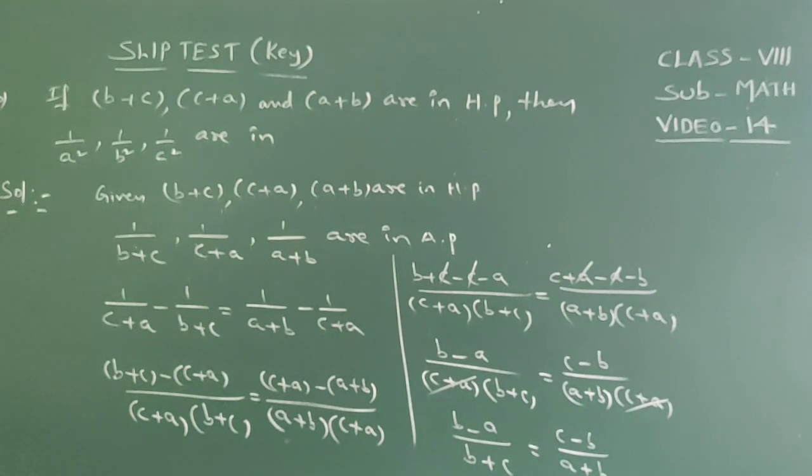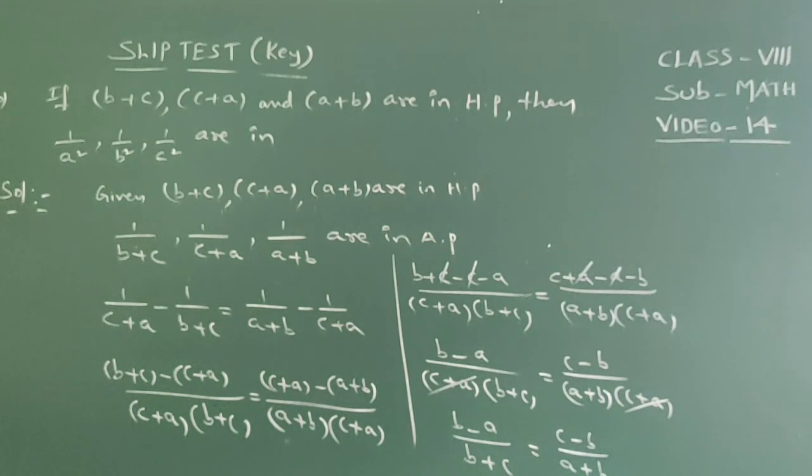Taking the LCM, c plus a and b plus c is the LCM, then we get b plus c minus of c plus a. Here for a plus b and c plus a the LCM, then we get c plus a minus of a plus b. Minus of a plus b means minus a minus b. Minus of c plus a means minus c minus a. In the LHS part c gets cancelled, in the RHS part a gets cancelled.